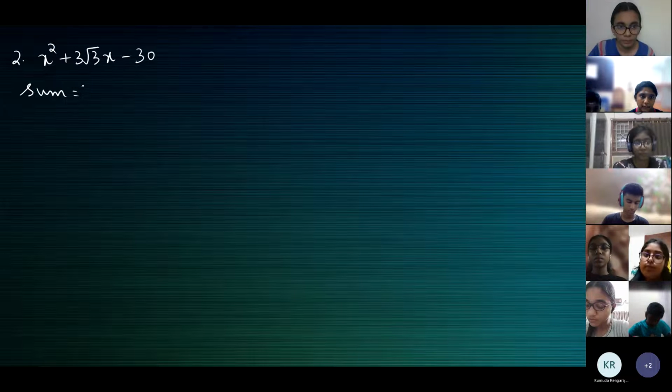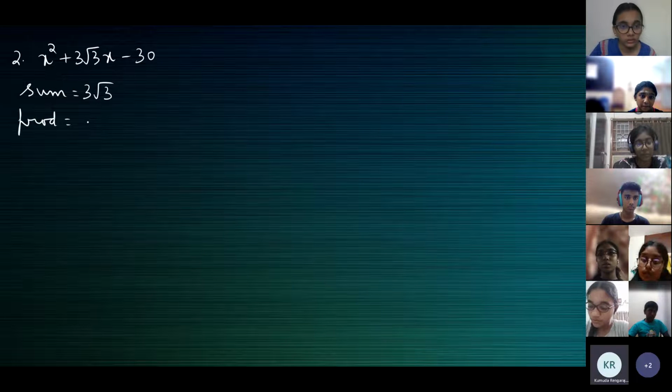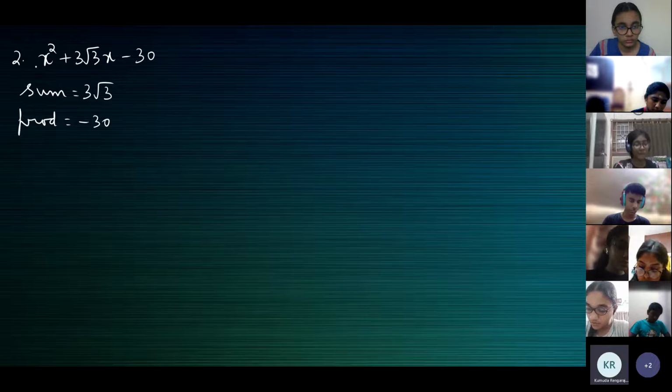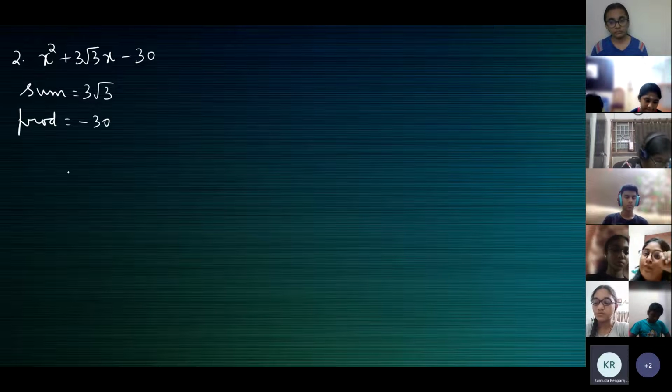Three root three, ma'am. What's the product? Minus 30, because the coefficient of x square is 1. So 1 into minus 30 is minus 30.